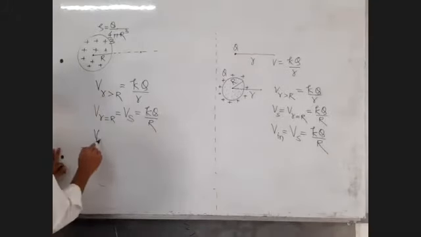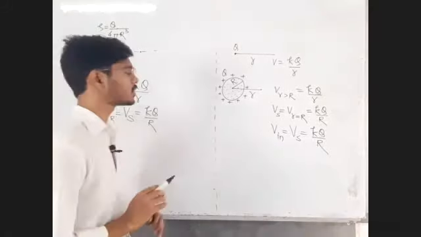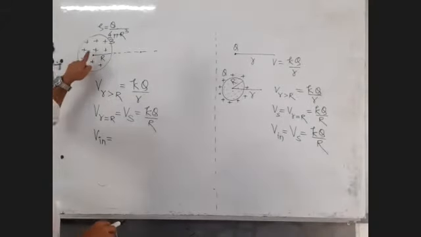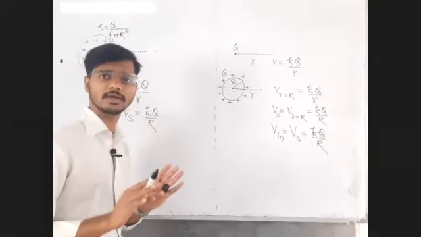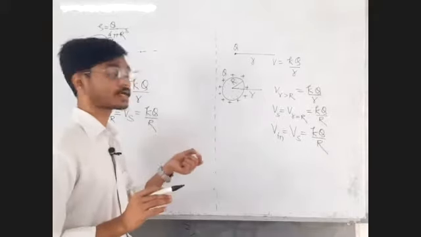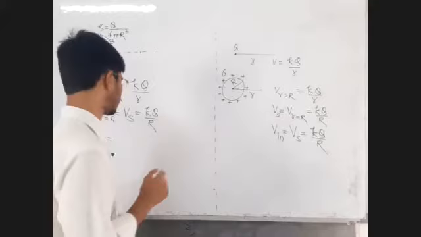Now inside potential will not become equal to surface potential because inside, charge is enclosed and there will be electric field. Electric field means force experienced by the charge, and while moving that charge we have to do work, and work done per unit positive charge is the potential.